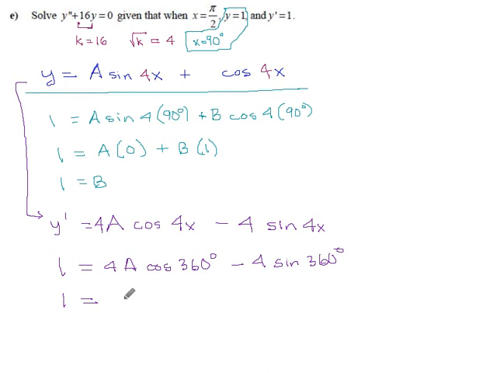The cosine of that is 1, so this is just 4A times 1. And for this term, we get sine 360, which is like sine 0, which is 0, so that whole term just vanishes. So 4A is 1, which means A is, hey, look at that. It is a mixture of both. So our solution up here, that mysterious capital A, turned out to be 1/4.